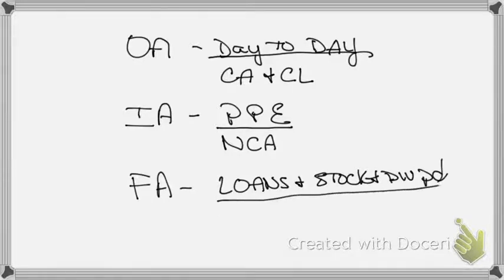So what do we classify loans as? One of you guys already said it earlier. Liability. What kind of liability? Is it a current liability? Non-current. Thank you. And then, what would we classify stocks and dividends as?